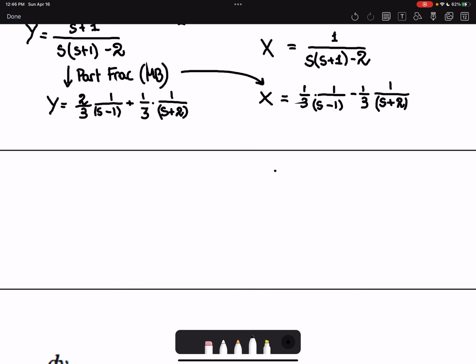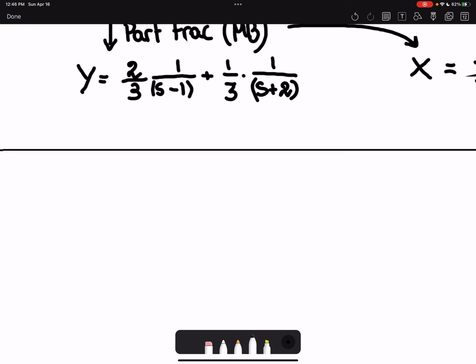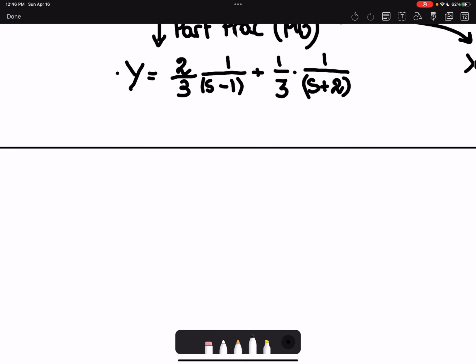And now we apply the inverse Laplace. And this is the fun part. So we apply the inverse Laplace here, and here we get y of t, because now we're back in the t domain. The 2/3 stays outside because it's a constant, and we're leveraging the linearity properties. Now if I look at the Laplace table, do I have 1 over S minus a?